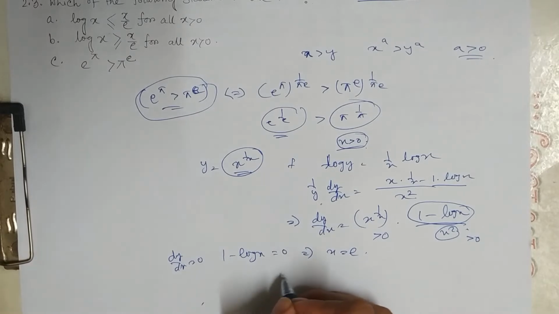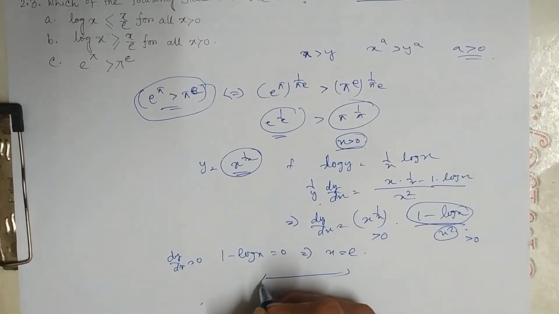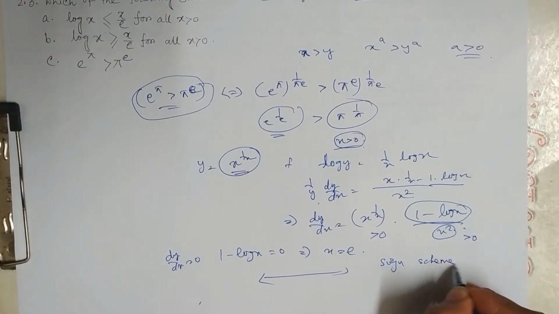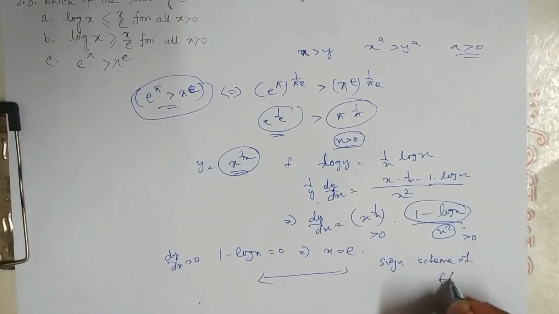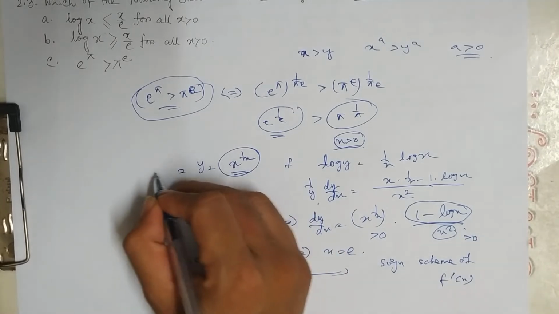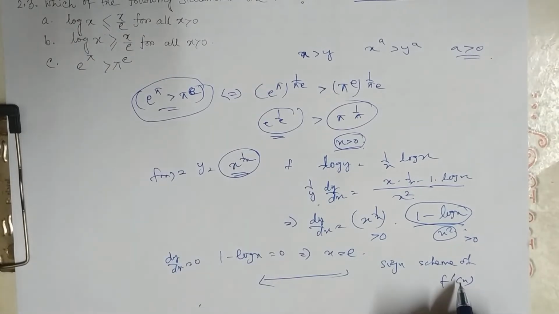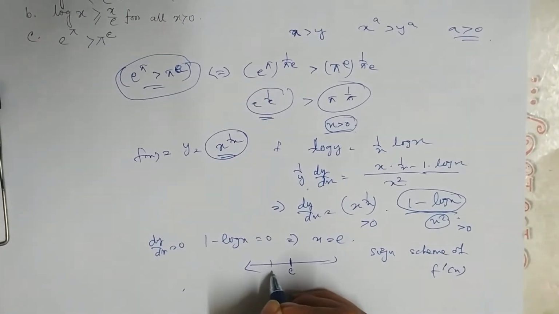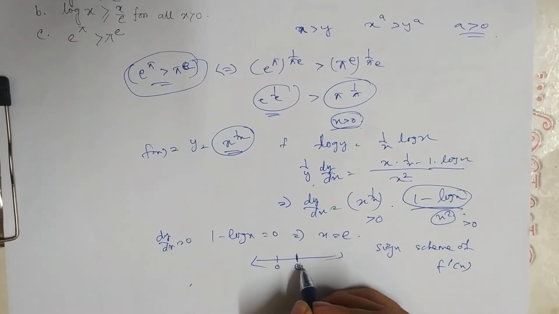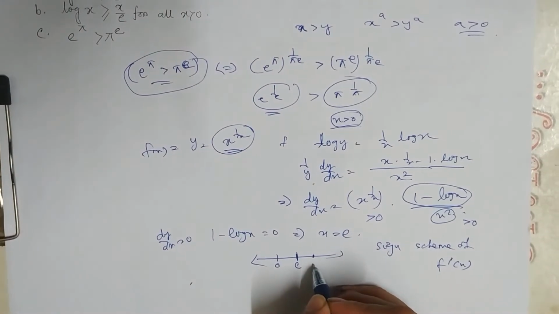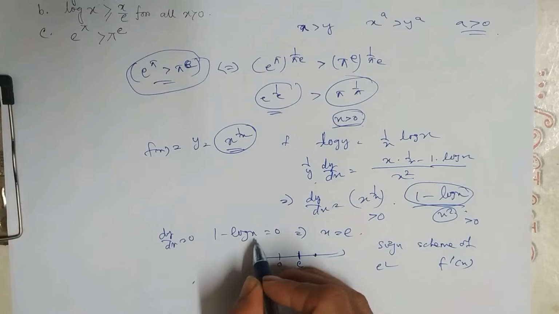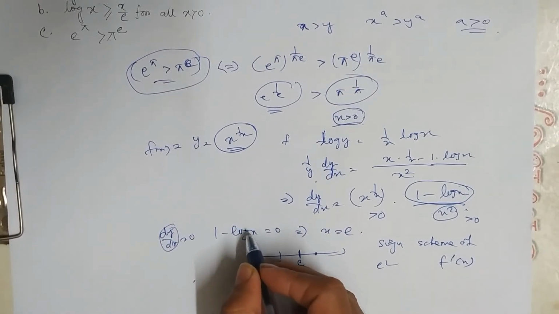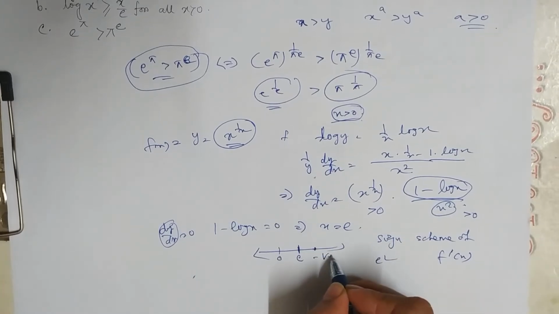Now we consider the sign scheme of f prime x, where f of x is x to the power 1 by x. It is 0 at x equal to e. Let's take a point e square: log e square is 2, 1 minus 2 is negative, so the derivative is negative.